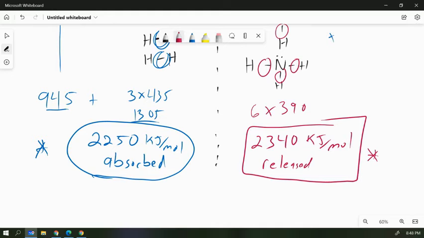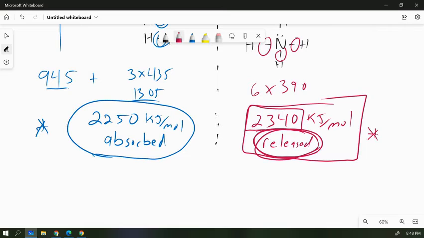We can see this is a larger number, so we know more energy was released in this reaction. Because more energy was released, this is an exothermic reaction. Exo means out, thermic is heat. So because more energy was released when all the bonds were formed, this is an exothermic reaction.